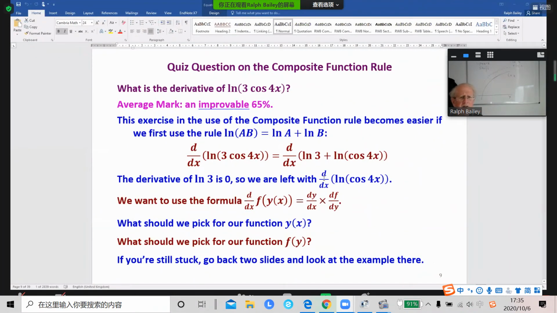And the answer will be the same as the derivative of log of cos of 4x. I'm not answering the question for you, just advising you how to proceed systematically. What's your y function? What's your x function? Well, I beg your pardon, what's your f function? And we apply the same sort of ideas as we did slightly earlier.